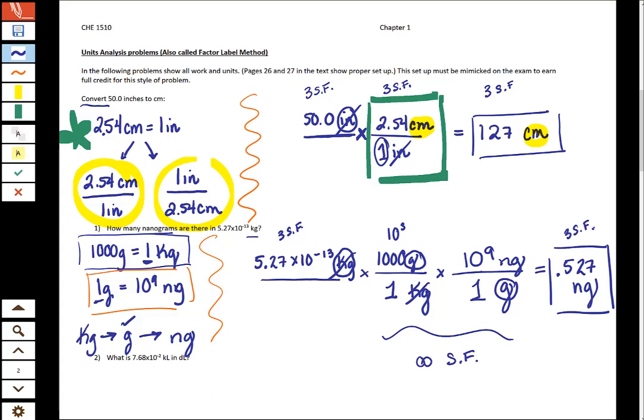Because, as we'll discuss more in class, the multiplication and division rule for significant figures is the term with the least amount of significant figures limits how many you're allowed to have in your answer. If you'd like to try this bottom one before class, please feel free, and we will pick up in class with quite a few more units analysis problems.